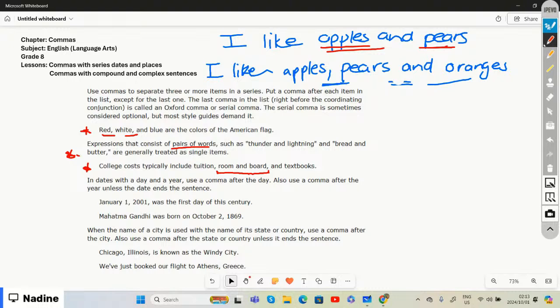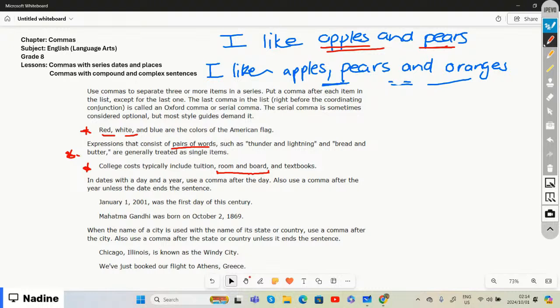All right. And then if we continue, it says in dates.